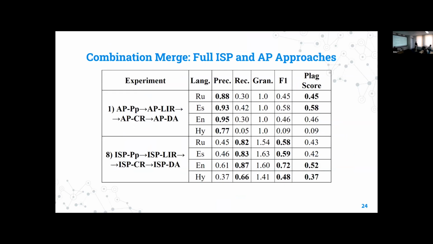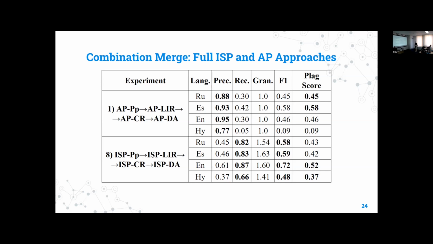Let's see the results of the full anti-plagiat rule and ISPRAS algorithm. We can see the Plex score. The Plex score is a kind of F1 weighted by the granularity score.